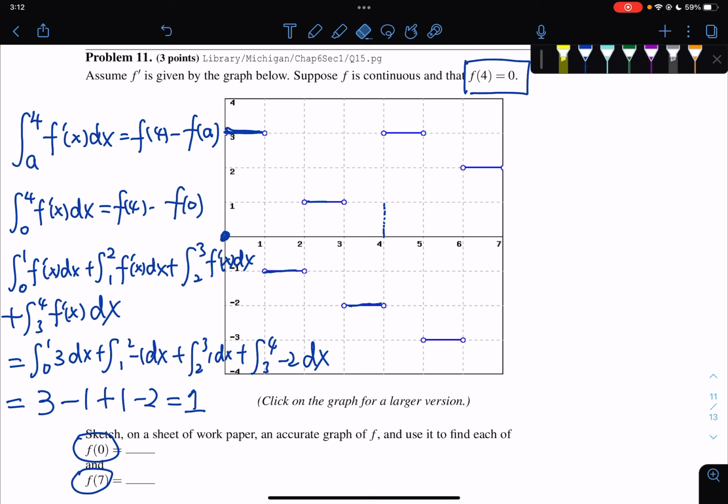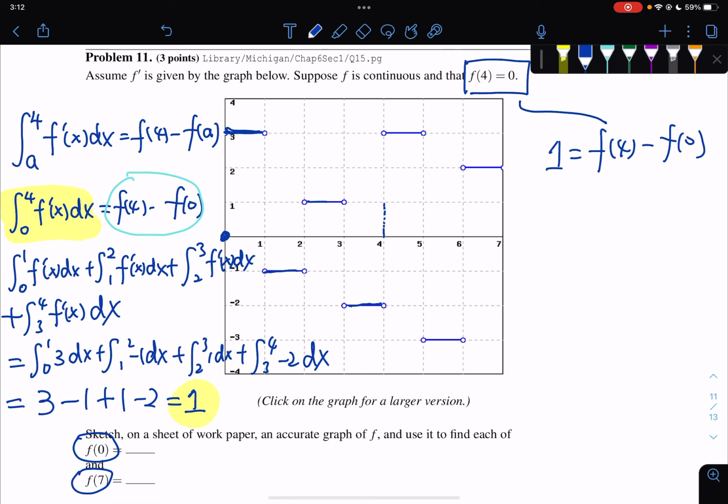So the integration of 0 through 4 for f prime of x is 1. I also know that that's f of 4 minus f of 0. So 1 is f of 4 minus f of 0. I do know f of 4 is 0, so 1 is 0 minus f of 0. So f of 0 must be -1. So I find my answer for the first part.